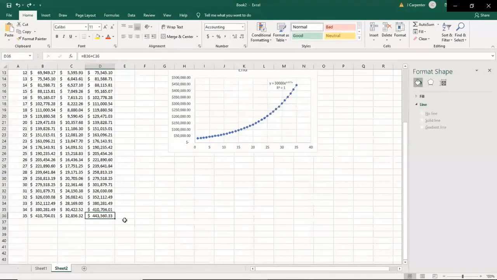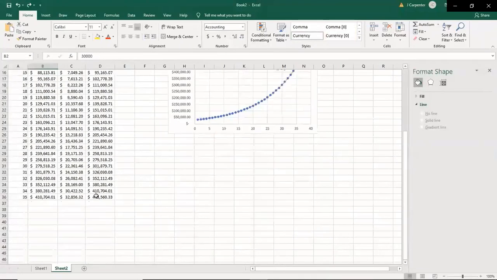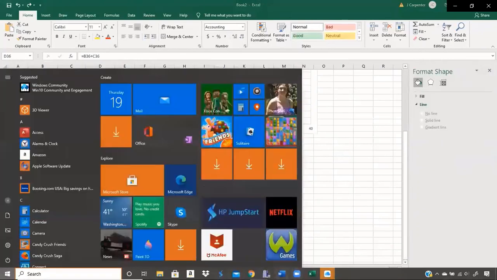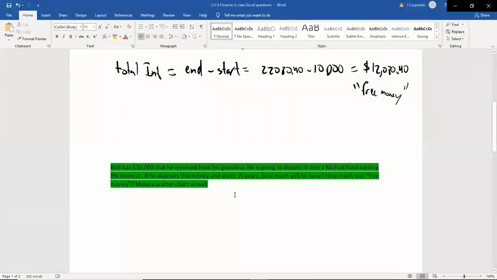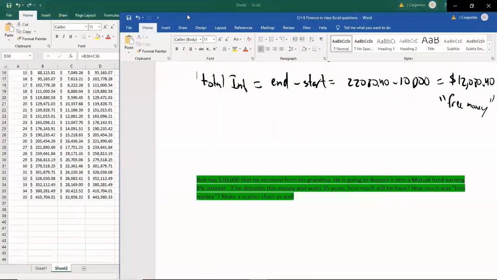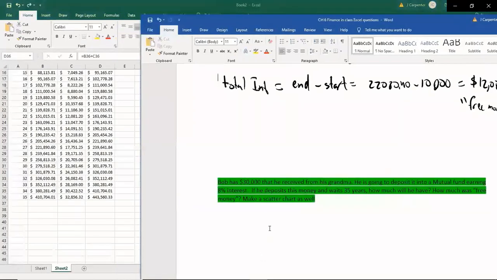I also asked what the free money was, the interest. So that's just the difference of the final amount and the starting amount. So we're just going to take 443,000, blah, blah, blah, minus 30,000, which would be 413,560 and 33 cents. So I just need to move that over there.